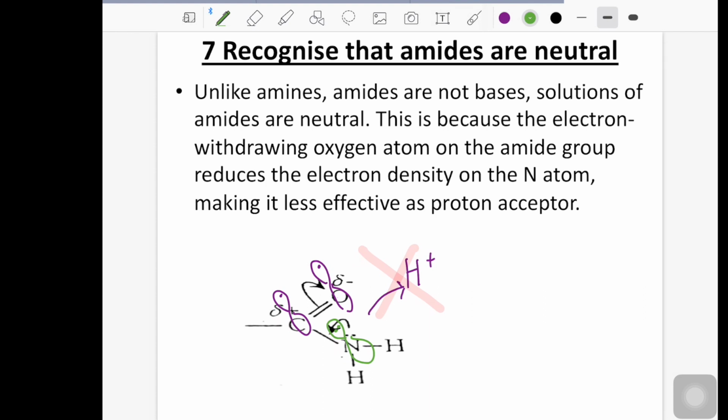You can see that the purple orbital and the green orbital align with each other, they are parallel to one another.